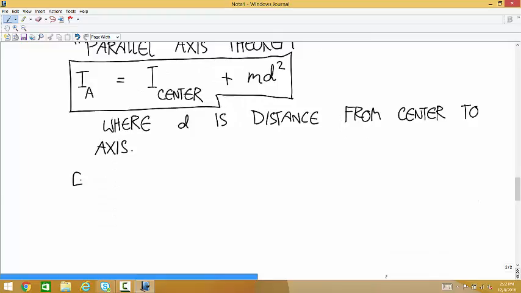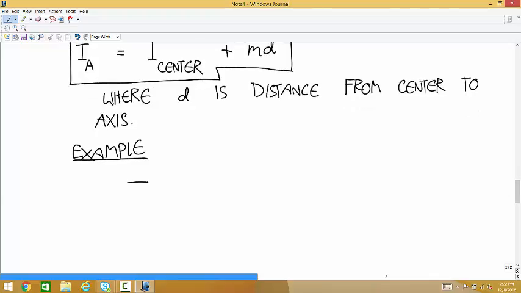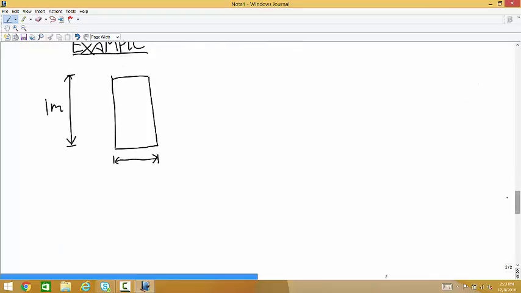Okay, so let's say we have this rectangle. I guess I'm going to use the same length. So this is 1 meter. The width is 1/2 meter.